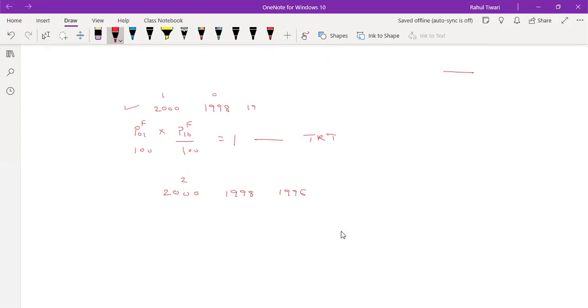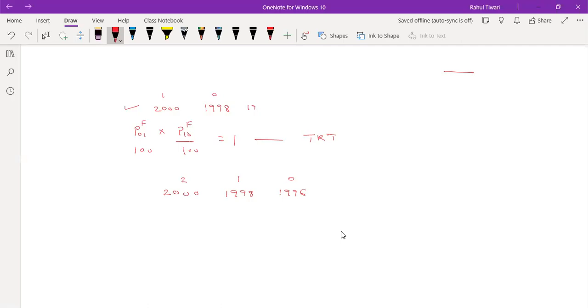Are you able to see the screen? Yes. So what I'm trying to say here is I cannot apply TRT because I have more than 1 year.